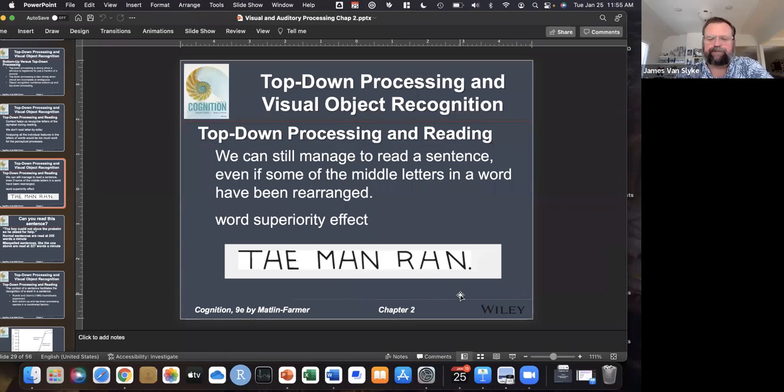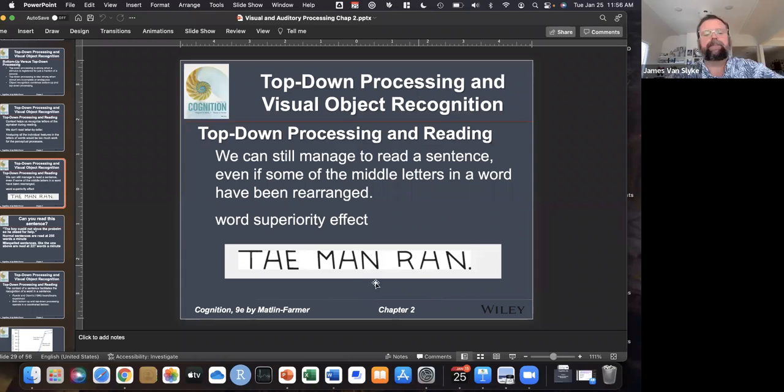The man ran. But notice how the H and the A are the same exact symbol in each case. So this letter is the same as this and the same as this. But most people do not even perceive them as being the same.